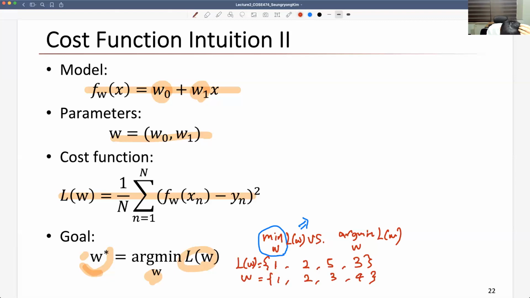Okay, let's think of the max case. Max is actually just like an inverse operator. So what is the maximum value of L(W) in here? 5, right?